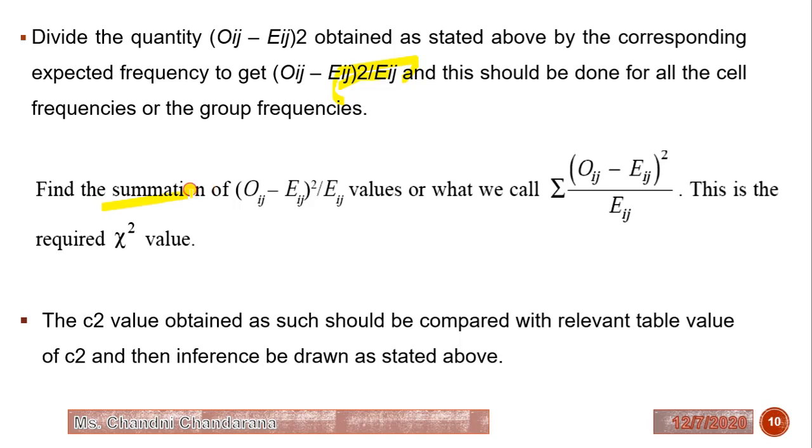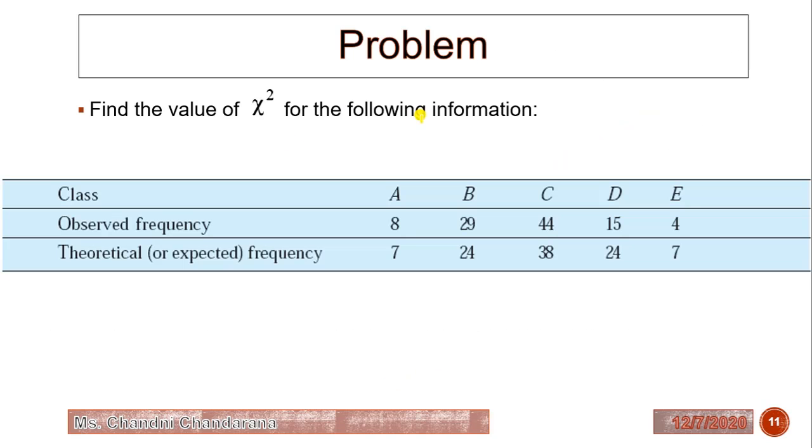Then find the summation of this, and this is the required chi-square value. The chi-square value obtained should be compared with the relevant table value, and then the inference is drawn as stated above.